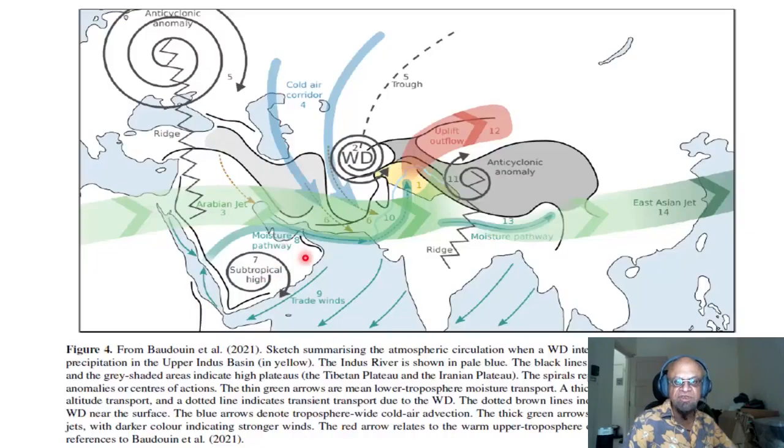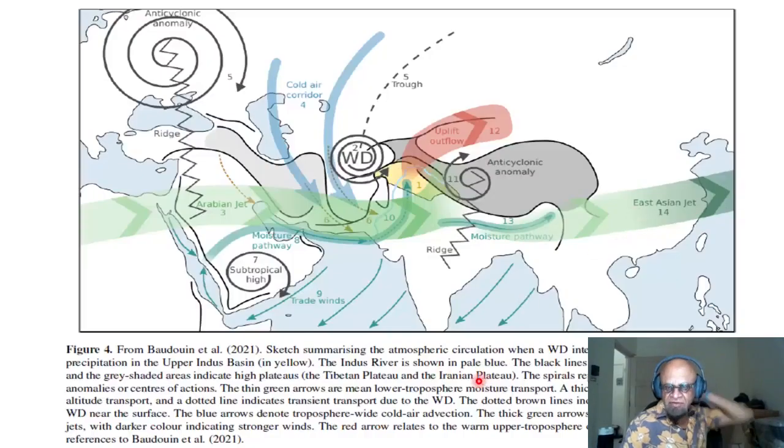Here is 8 the moisture pathway, 9 are the trade winds, and 10 is this flow here coming in to the Indus river basin, and 11 is the feature here, 12 is the uplift outflow, and 13 is here in moisture pathway again, 8 and 13, and here is the East Asian jet as 14.